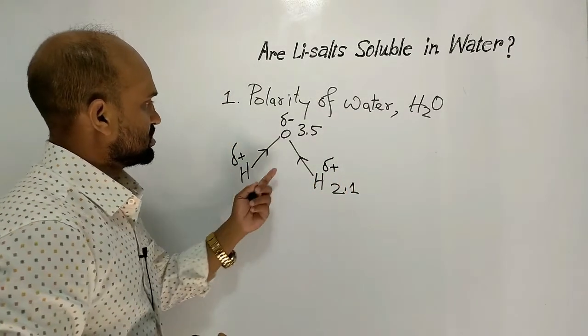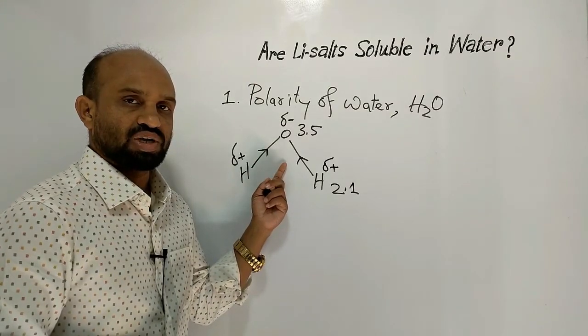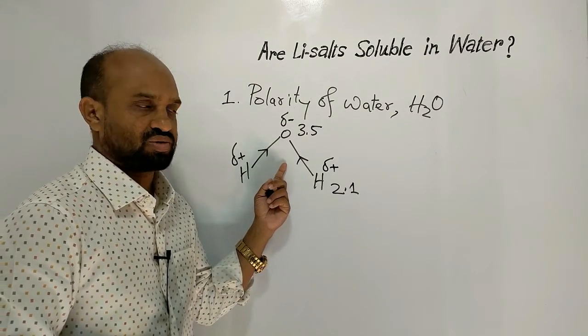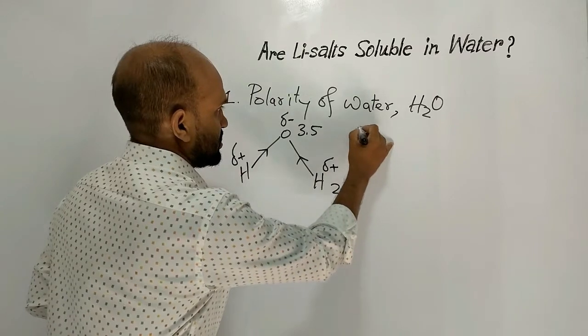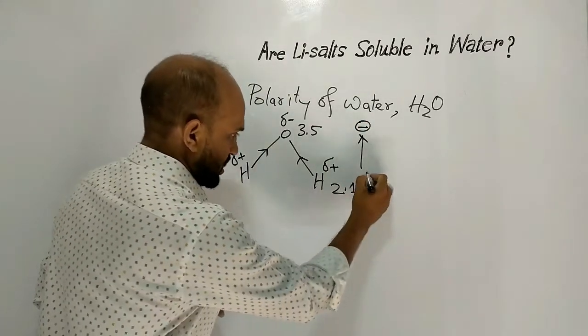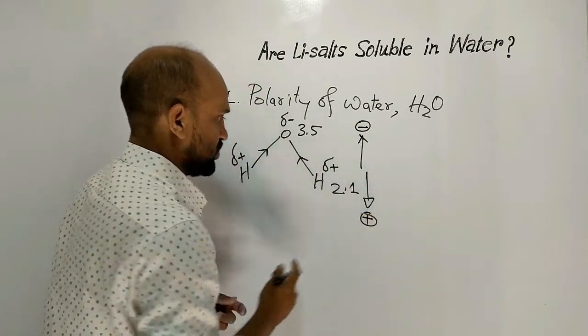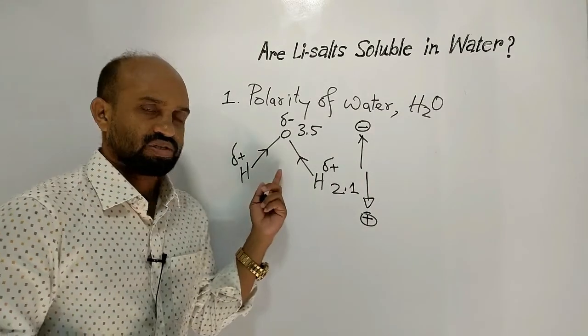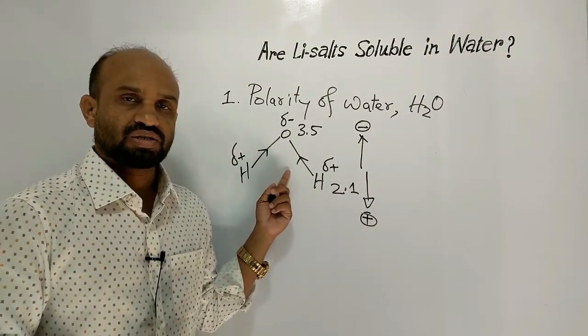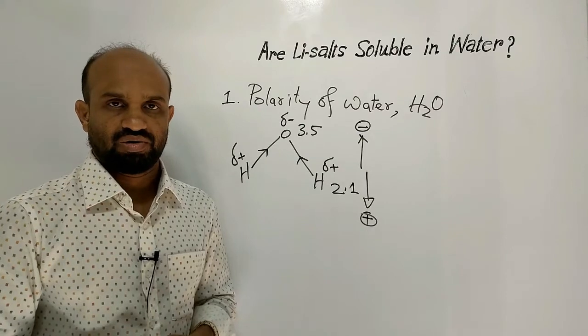That means the water molecule has two poles, one negative pole and another positive pole. That means water is a kind of polar molecule.